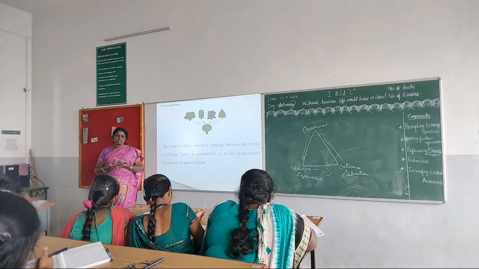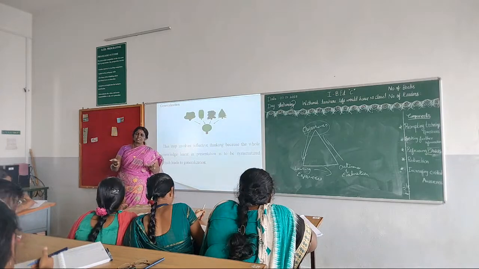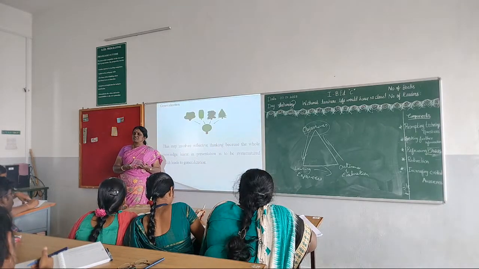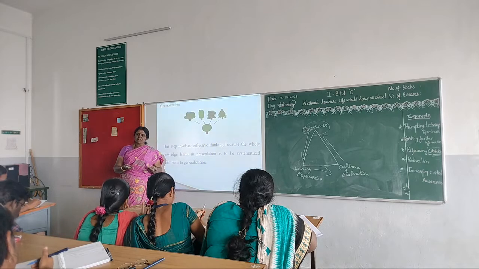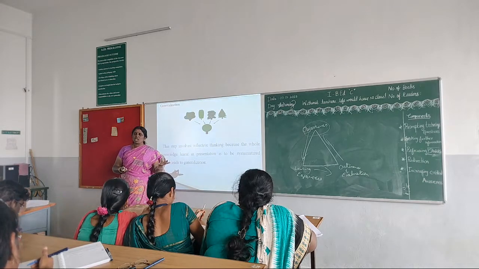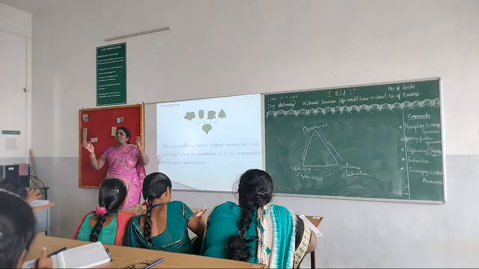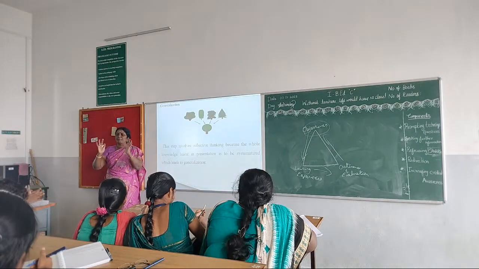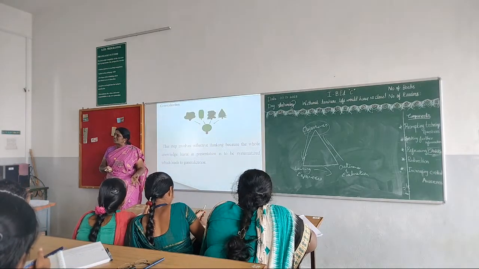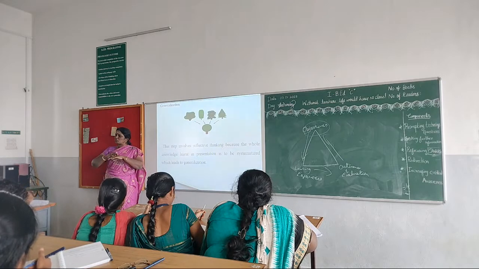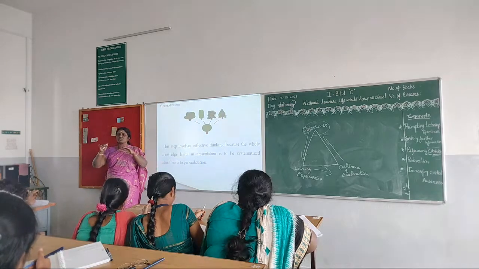For vegetables, for example, these vegetable names are all coming under the group vegetables. This is called generalization. Like that, you can give so many examples and you can associate.